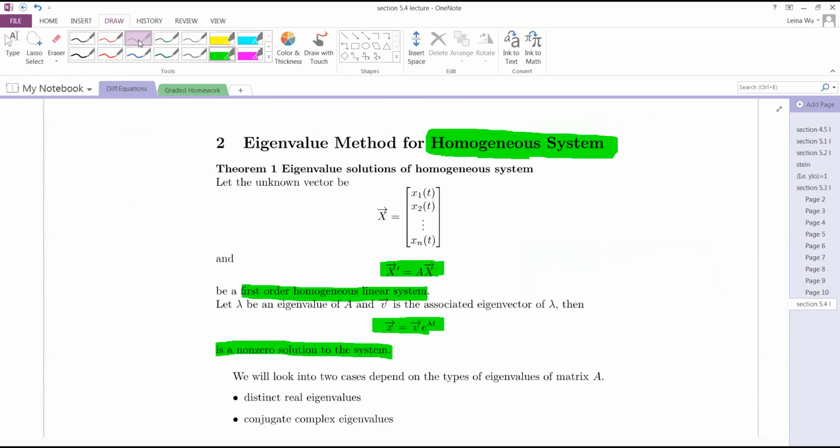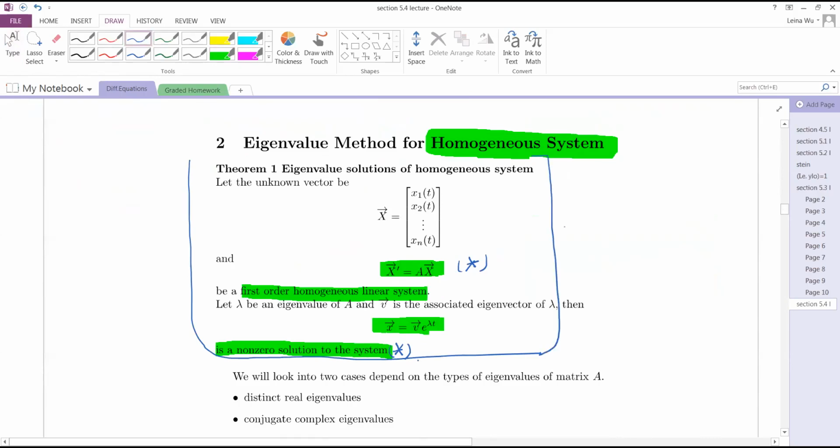Let's name the system star. Then x equals eigenvector times e raised to eigenvalue times t would be a non-zero solution to the system star. This is the first theorem, theorem 1. It talks about how you can get a non-zero solution to the system by using an eigenvalue and a corresponding eigenvector.